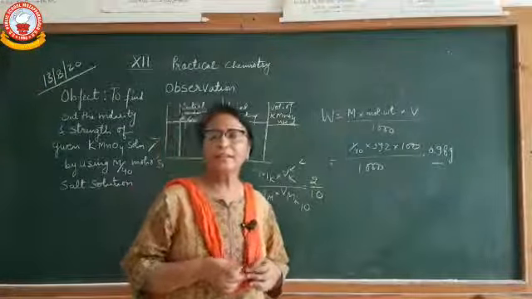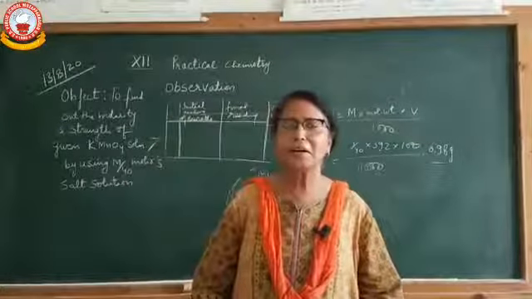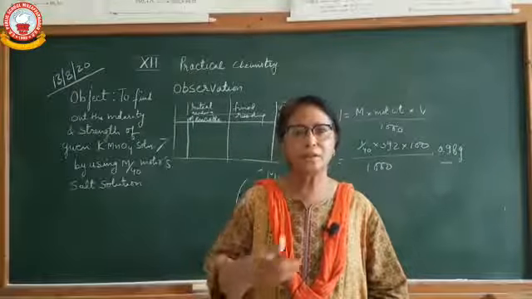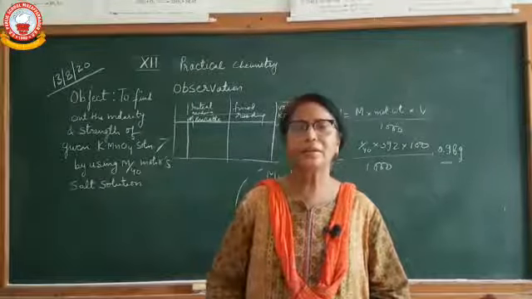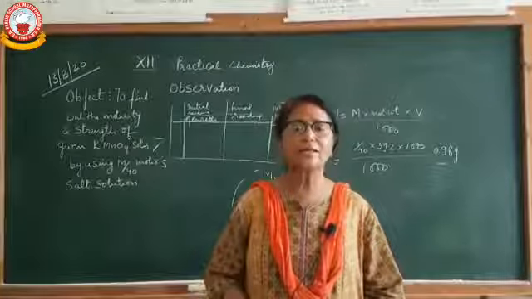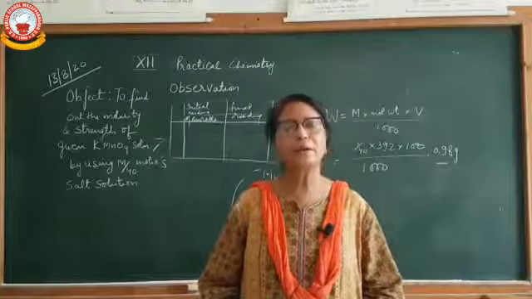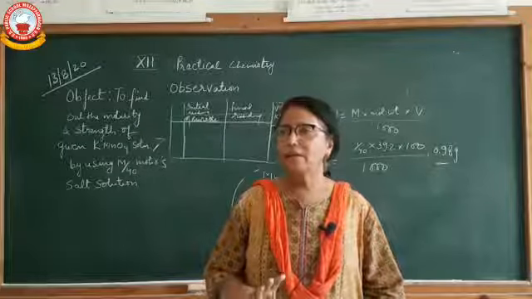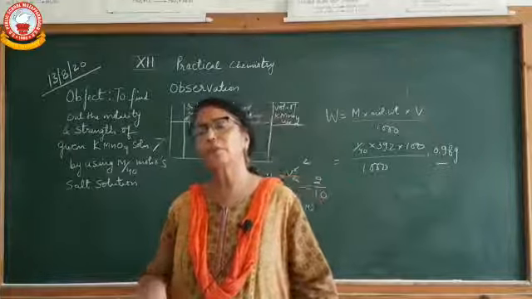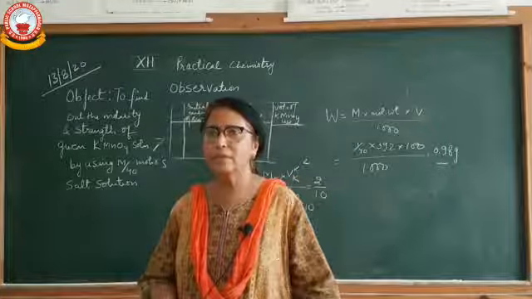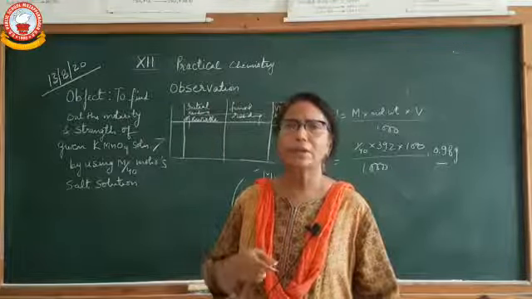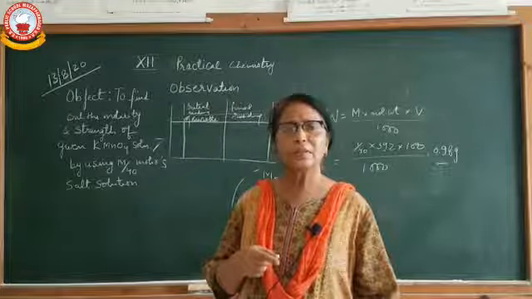Yes children, you have seen the details of the apparatus. The apparatus involved is one burette and another pipette, and all the apparatus is made of glass, so you have to handle them carefully. The first step is to wash them and then rinse them with the solution they are to be filled with. For example, you have to fill KMnO4 in the burette, so the burette should be rinsed with KMnO4.